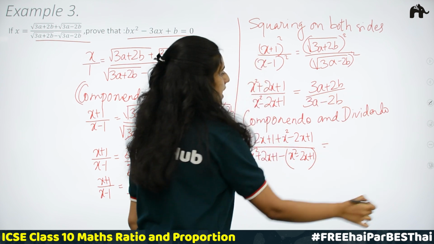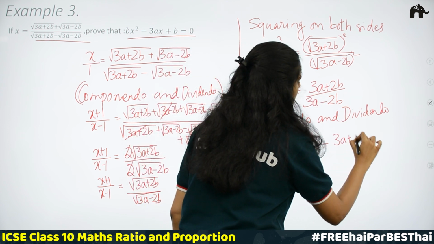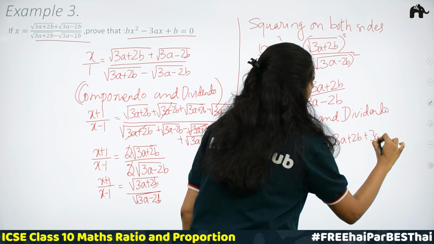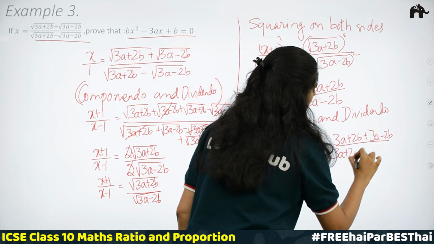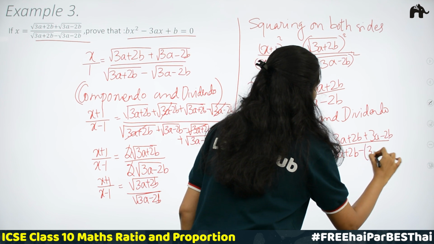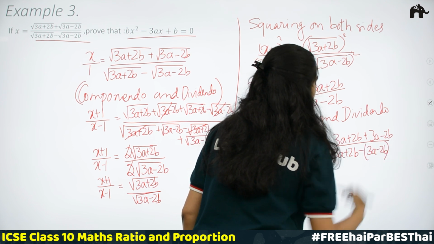What about this side? (3a plus 2b) plus (3a minus 2b), divided by (3a plus 2b) minus (3a minus 2b).